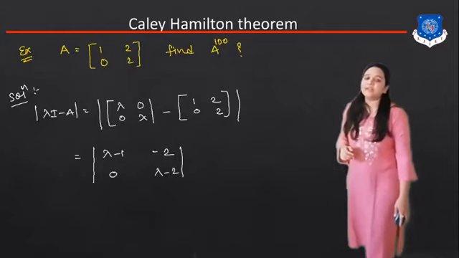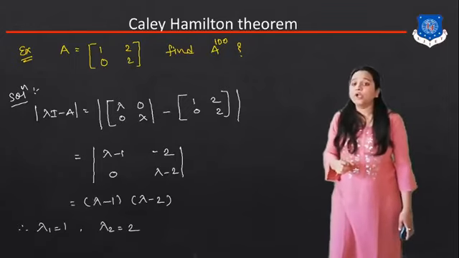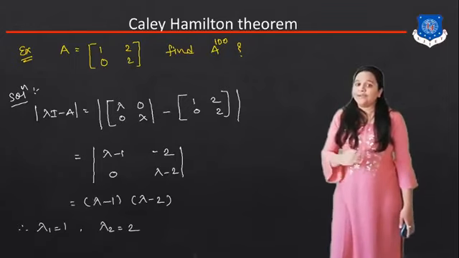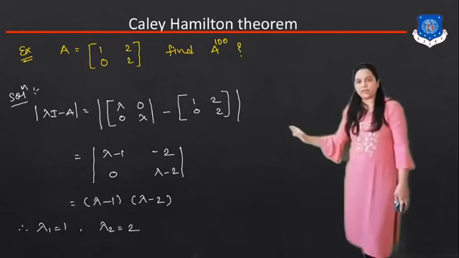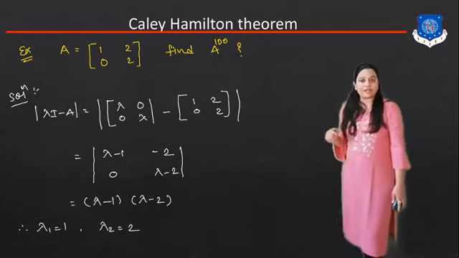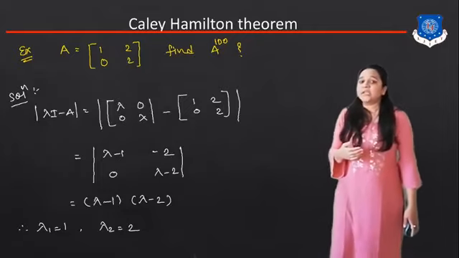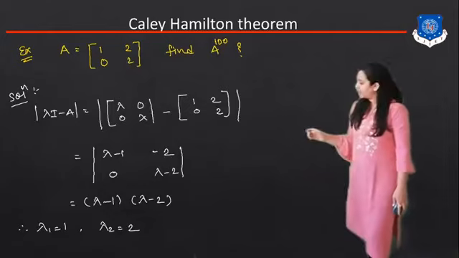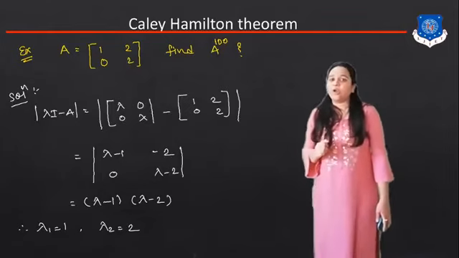Simplifying the determinant, we get (lambda minus 1)(lambda minus 2) minus 0 times minus 2, which is (lambda minus 1)(lambda minus 2). Now we find lambda 1 and lambda 2: lambda 1 is equal to 1 and lambda 2 is equal to 2. These are the roots of this matrix.